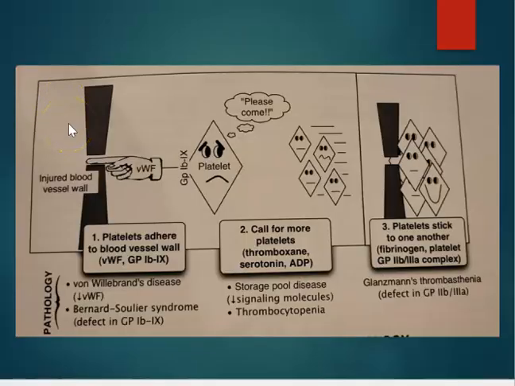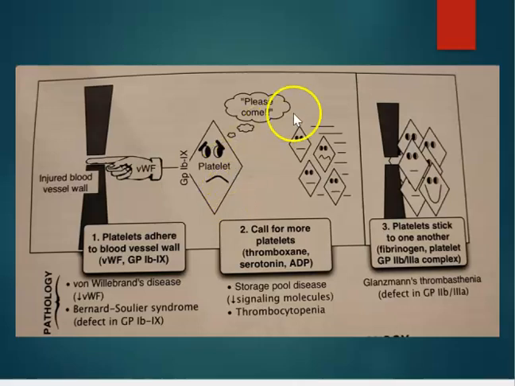So this is just a cartoon to try to show and explain some of the disorders that we've talked about in this lecture. So this is the injured blood vessel wall. See, the hole here represents the injury. So the von Willebrand factor is represented by this hand and the finger trying to plug the hole. Remember, von Willebrand factor is the glue.